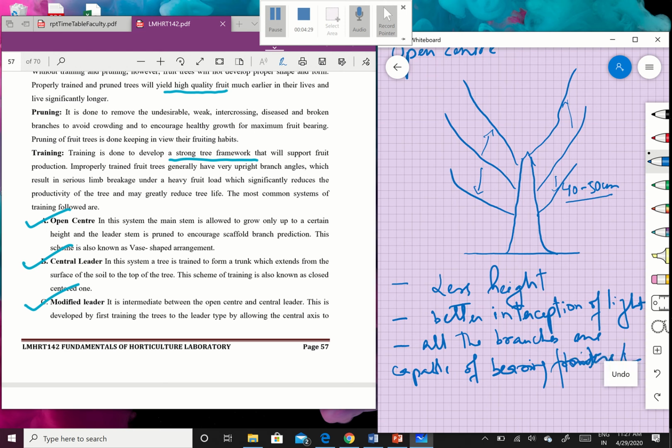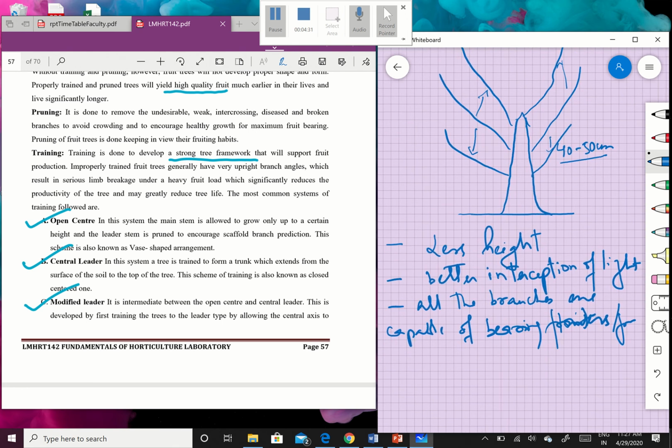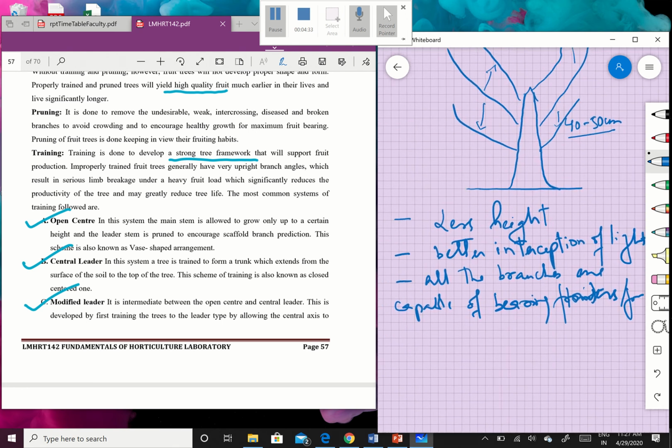It also makes intercultural operations easier, like harvesting and spraying on the tree.